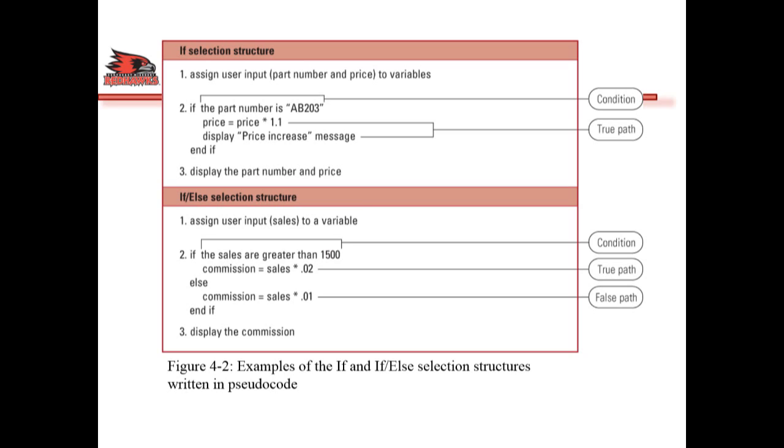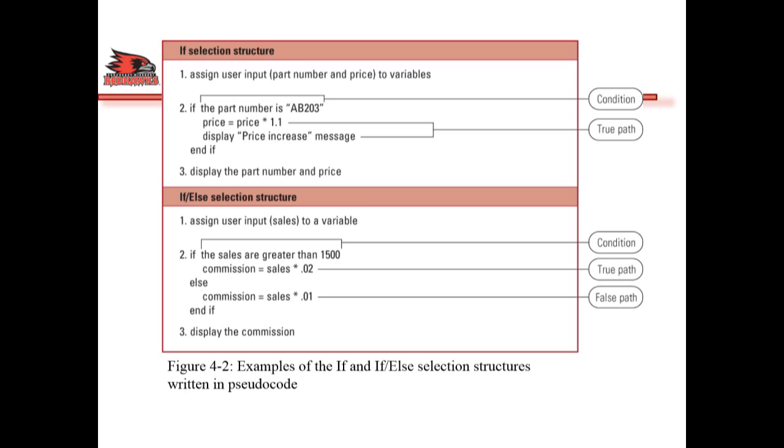No matter what the part number is, whether it's AB203 or not, you always display the part number and price after your processing. The if else selection structure example says that suppose the user inputs a variable sales, how many sales happened.